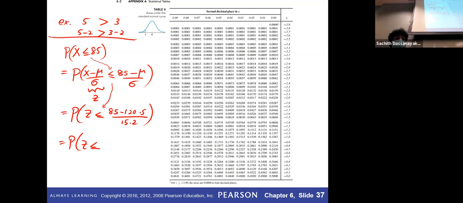I just remove it. So 85 minus 120.5 divided by 15.2.